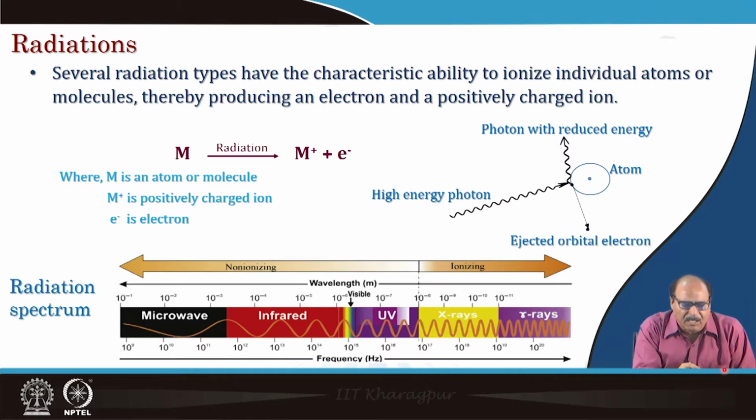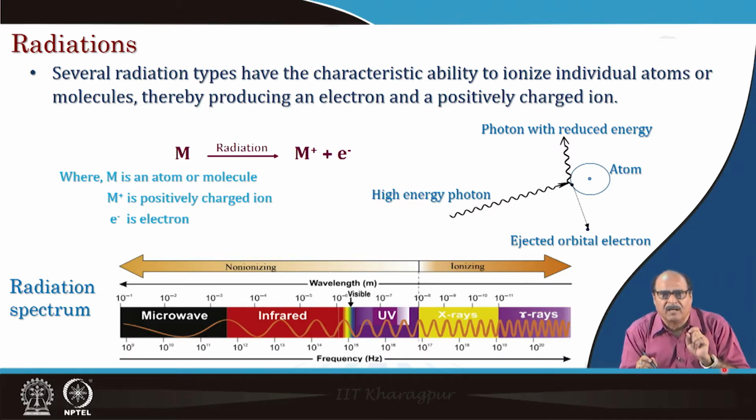There are several radiation types that have the characteristic ability to ionize individual atoms or molecules. You can see here that when a high energy photon bombards an atom, it transfers its energy to the electron.